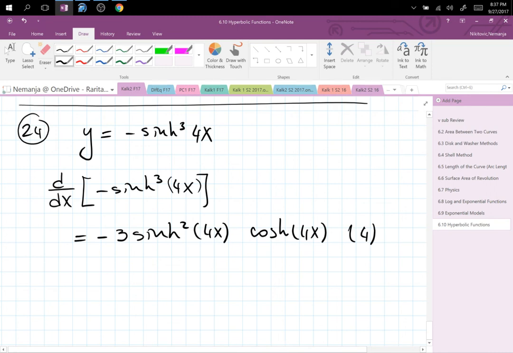So we have two chains in this case. So the sine goes into cosine hyperbolic and then 4. So two chains. That minus in front really did nothing. So this is -12 sine hyperbolic squared 4x times cosine hyperbolic 4x.